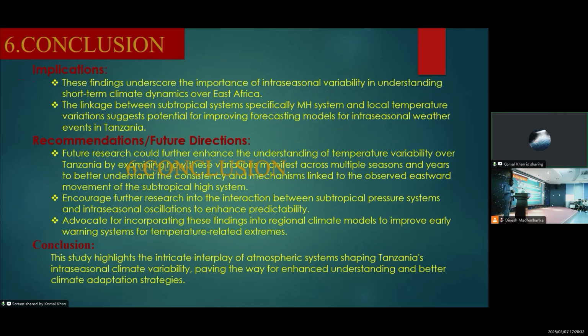Future research could further enhance the understanding of temperature variability over Tanzania by examining whether this variation manifests across multiple seasons, because we took 2020 as a case study.